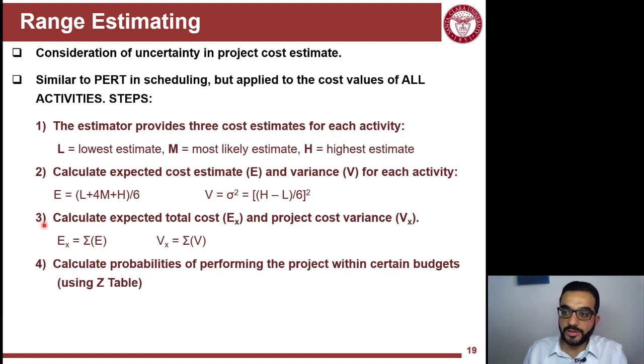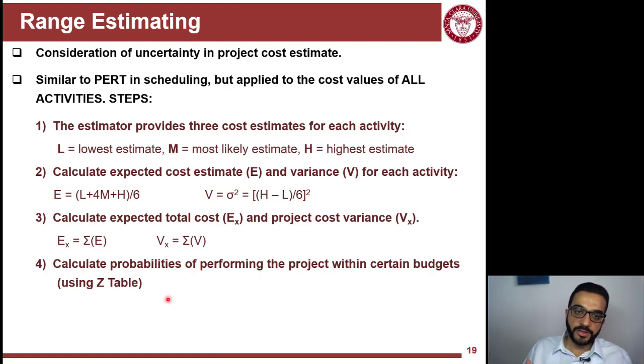So you add up the expected cost estimate for all the activities. That will give you the expected cost estimate for the whole project. You'll add up the variance of all activities. You end up with the variance of the cost estimate for the whole project. And these two values will be your input into the Z table analysis to answer any probability questions.